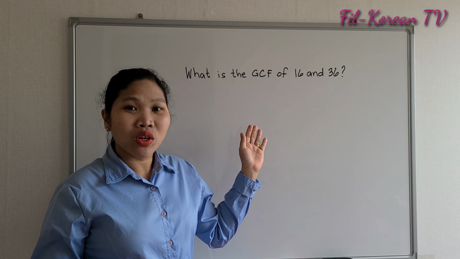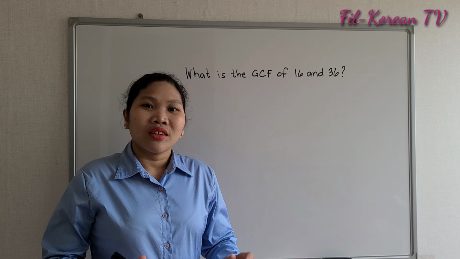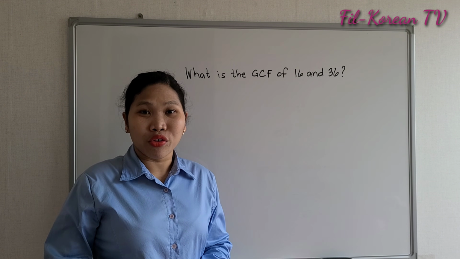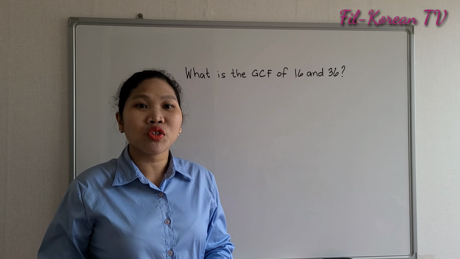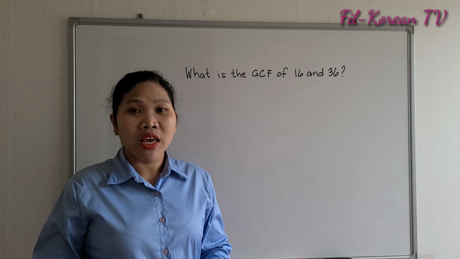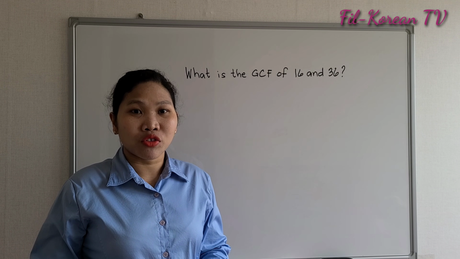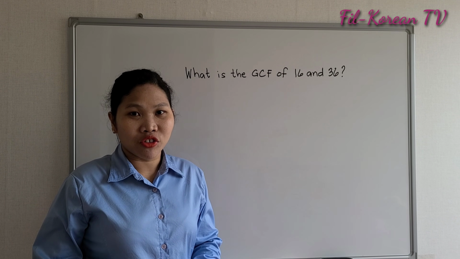I will use this question to show you the three methods. First method that we are going to use is the listing method. In listing method, we are going to list all the factors of the given numbers, and then we will look for the highest common factor, and that is the GCF, or greatest common factor.